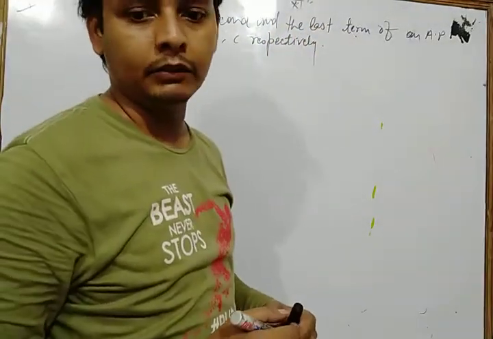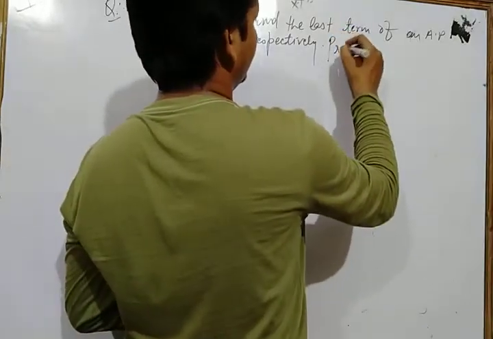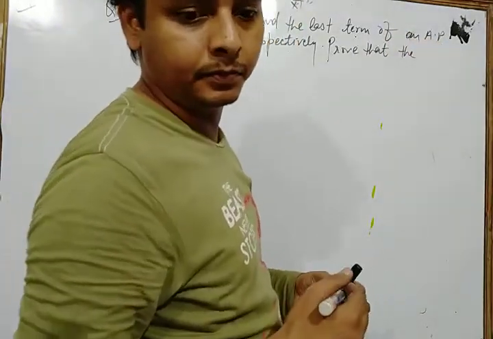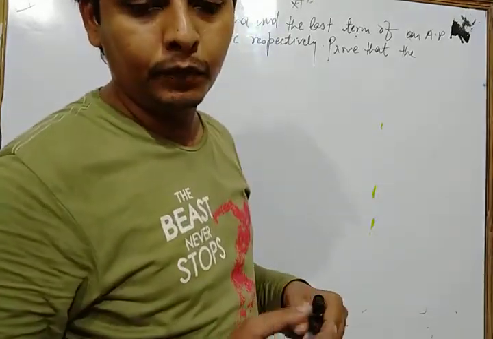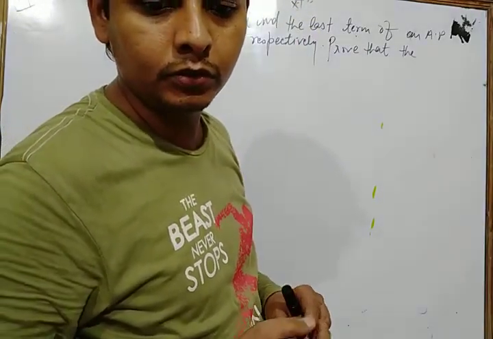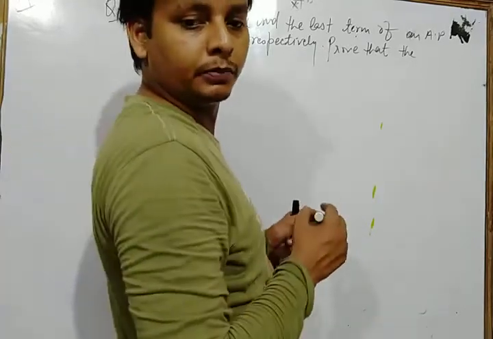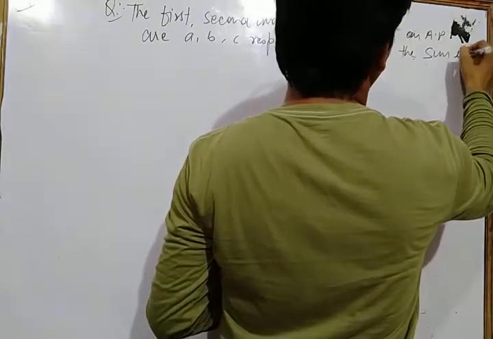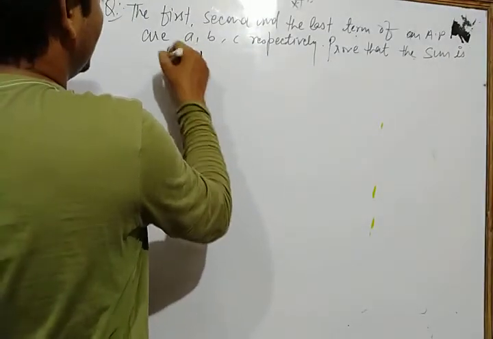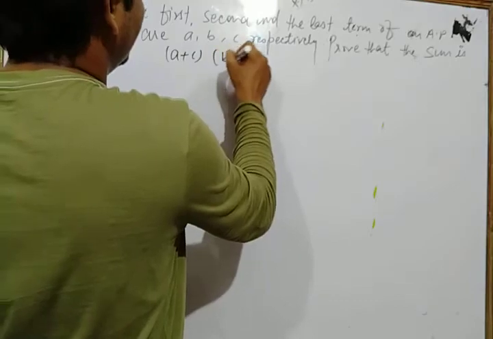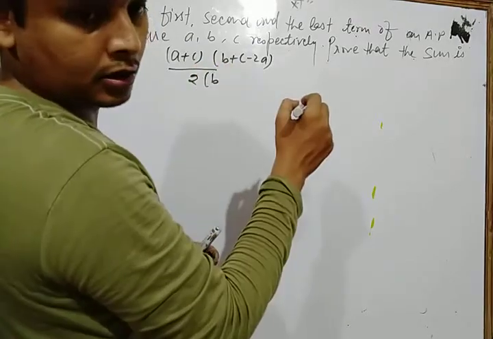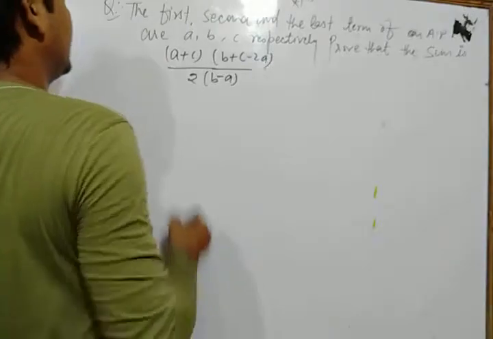Prove that the sum is A plus C in bracket B plus C minus 2A upon 2 times B minus A.